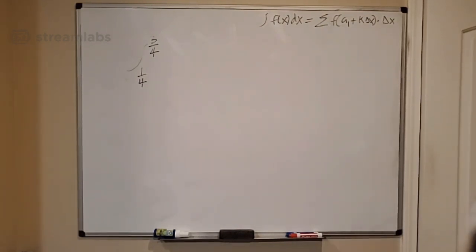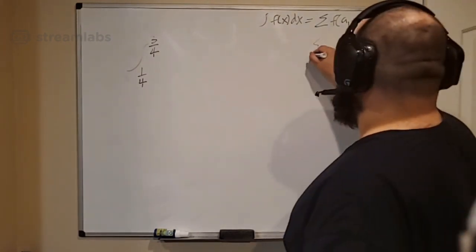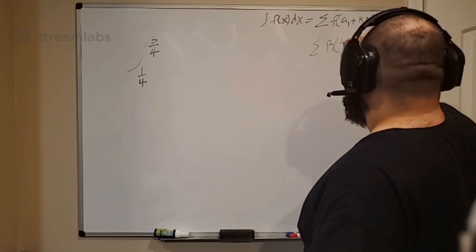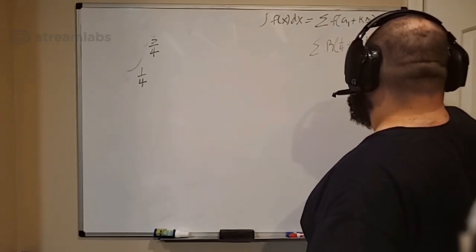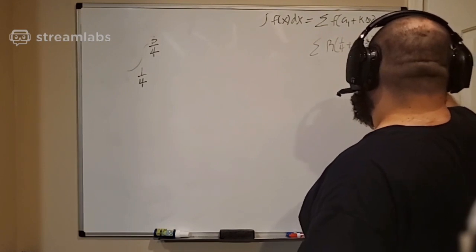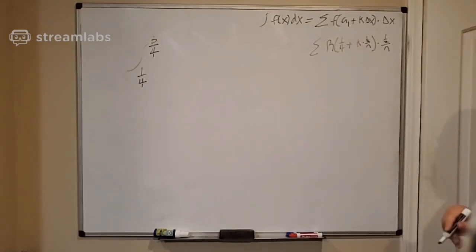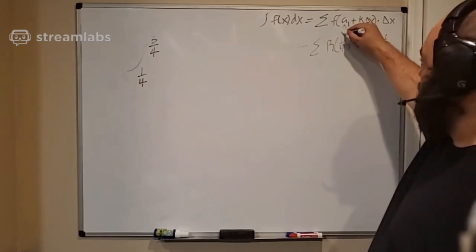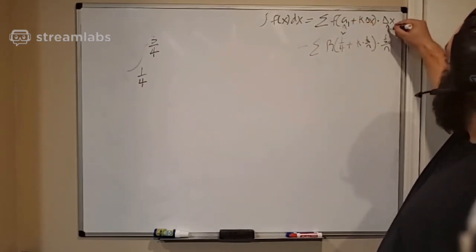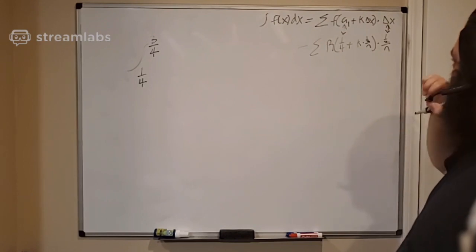We right now have the summation of r of 1/4 plus k times 1/2 over n. So now we want to go backwards. We've matched up those two things to get our delta x and get our b and a.